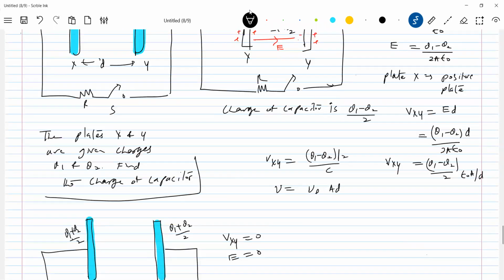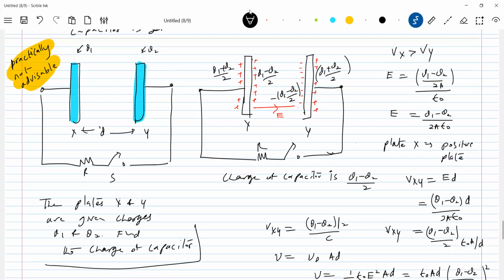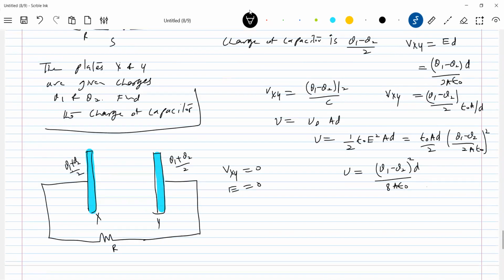So this should be equal to epsilon naught E square A into D, so epsilon naught A D by 2 times (Q1 minus Q2) by 2, whole squared. So what was the energy? It should be equal to (Q1 minus Q2) whole square by 8 A epsilon naught D. Okay, this much is the energy in the circuit here.